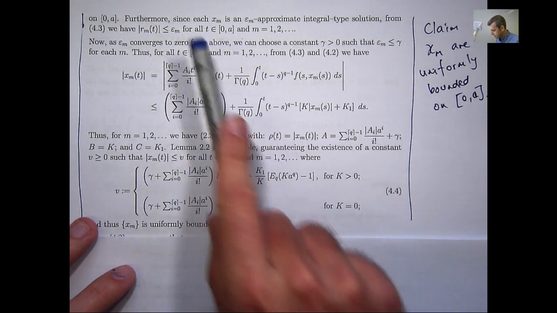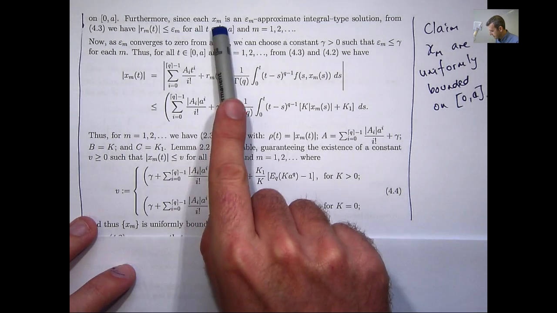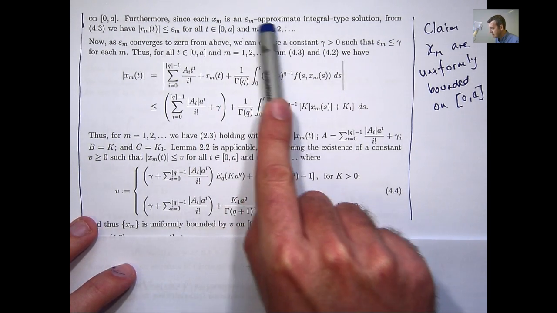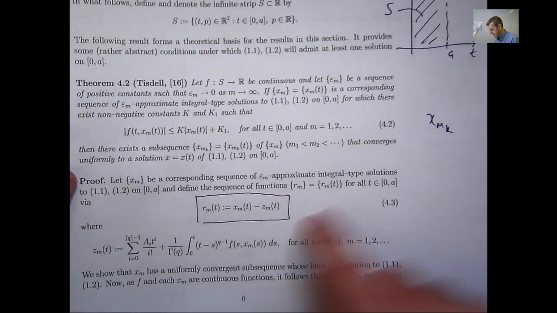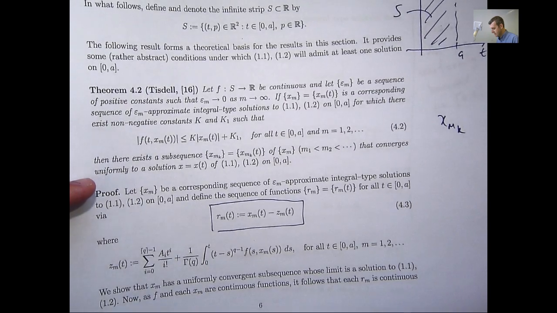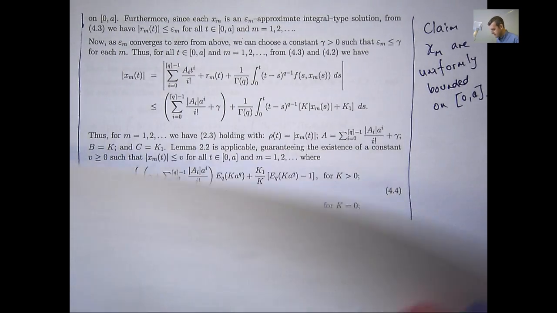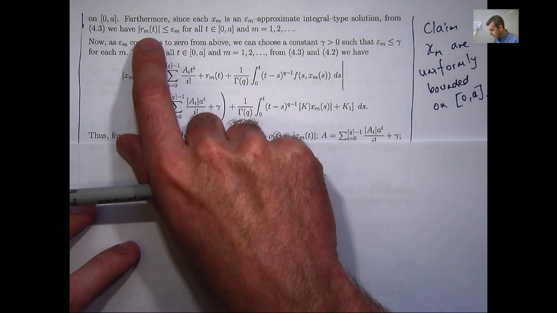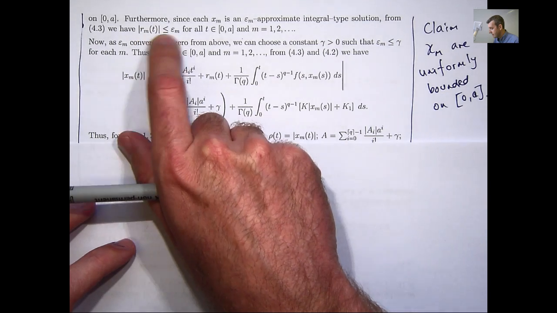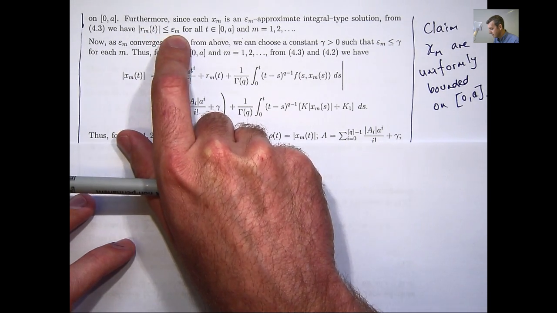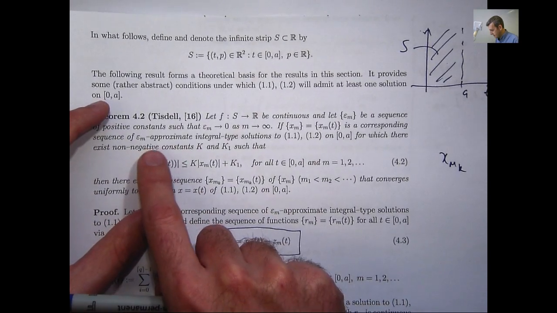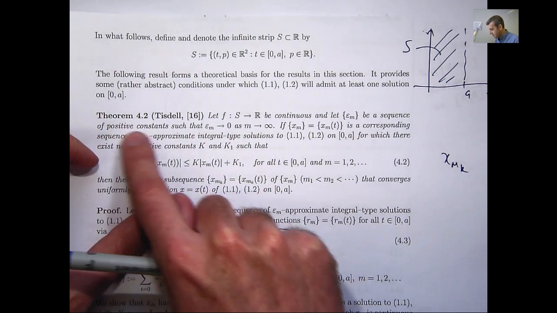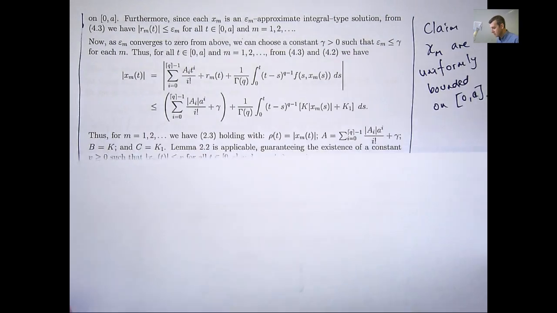Okay, well, since x sub m is an epsilon sub m approximate solution, we have from this relationship here this inequality. Okay, now by assumption, epsilon sub m is a sequence of positive constants that goes to 0.